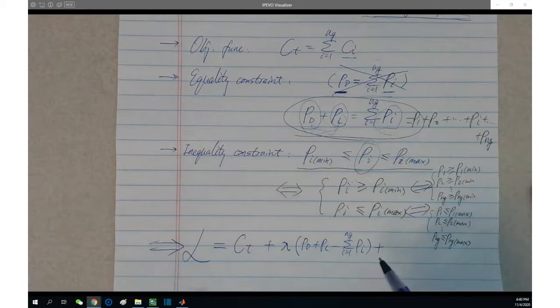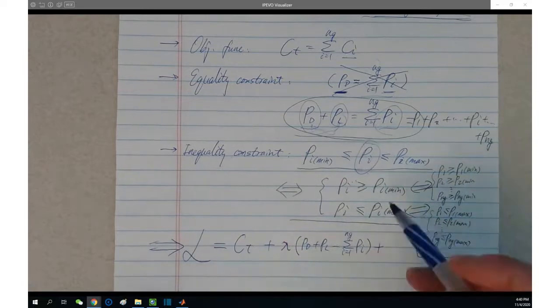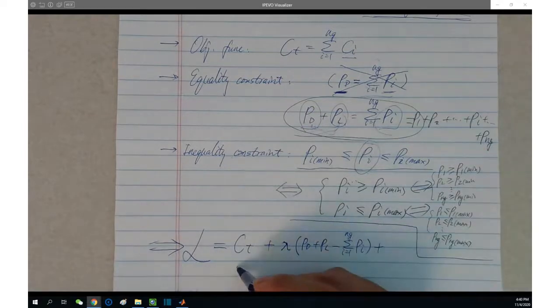Therefore, go further to the Lagrange multiplier. This is a little bit complicated, dealing with these two groups of inequality constraints. So what do we need? Let me start from the second line.